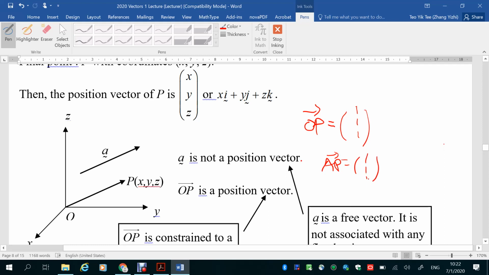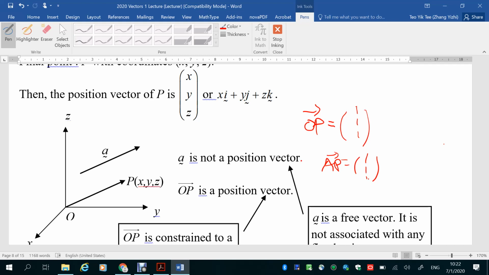If I represent a vector in this form using capital letters, it is the position of P relative to O. So OP equals 1, 1, 1 means that the position of P relative to O is a point. If I tell you AP is equal to 1, 1, 1, it's the position of P relative to A, and starting from A to P, this point is 1, 1, 1.